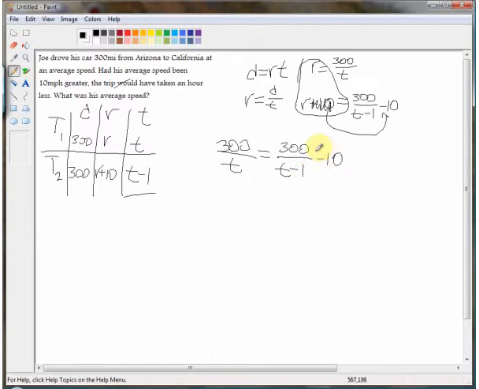So now, just to make everything positive, because it's easier to look at, we say 300 over t plus 10 equals 300 over t minus 1. Now it's just lowest common denominator.